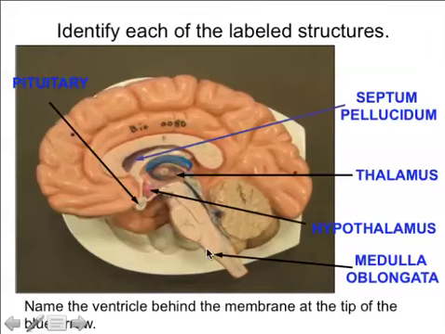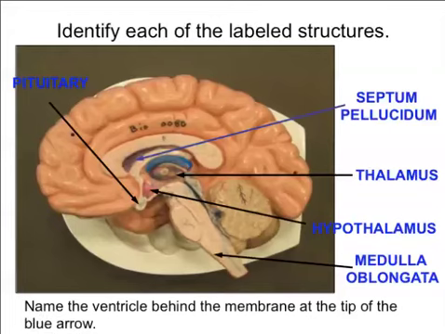Okay. The ventricle behind the membrane at the tip of the blue arrow is the lateral ventricle. It's obscured from this view because the septum pellucidum is obscuring it.